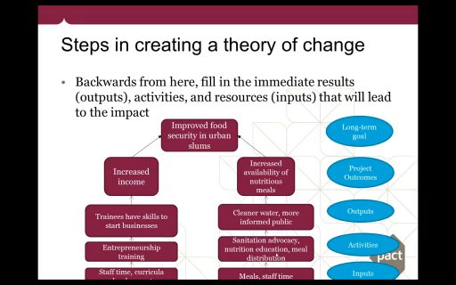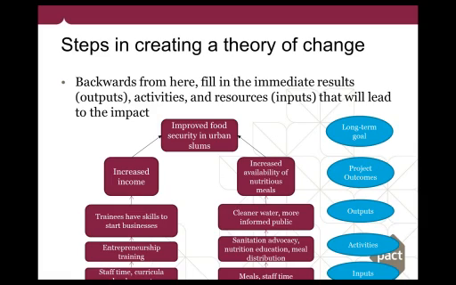On the other hand, the education and meal distribution might lead to things like cleaner water and a more informed public. I'm not sure why, when I was putting the slides together, I thought that increased the availability of nutritious meals, but it did something. This is maybe not the best theory of change ever made, but I'm sure whatever your project creates will be better.